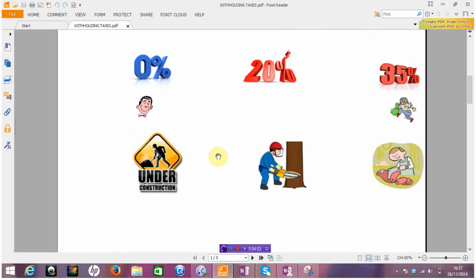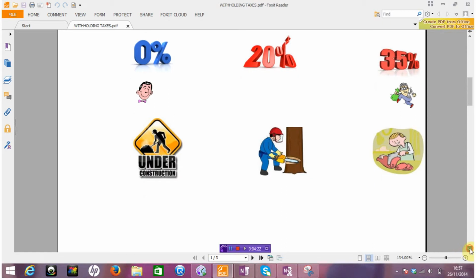But in addition to that, there are two other areas, forestry and meat processing. It is only in these industries that subcontractor withholding tax would be relevant. It wouldn't be relevant outside of these industries.